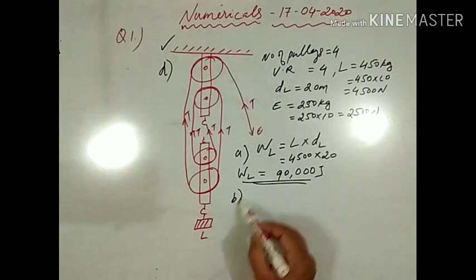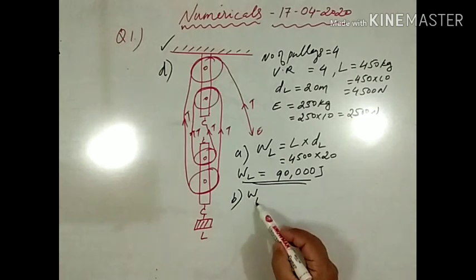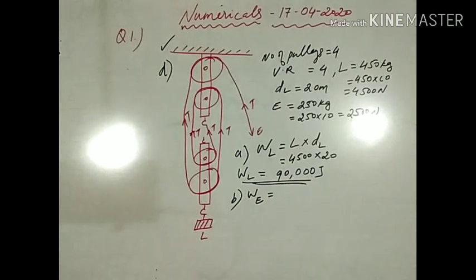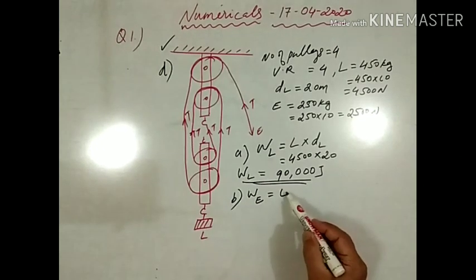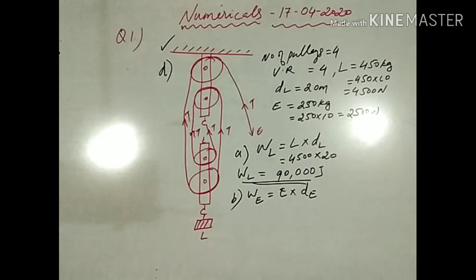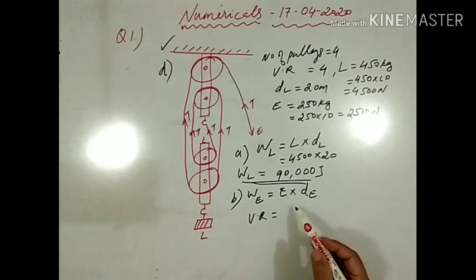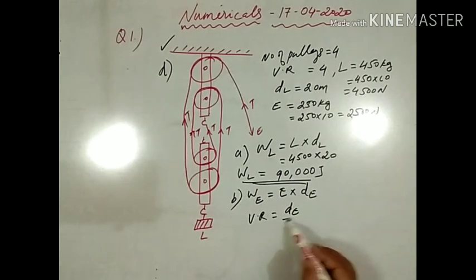Now the second part, B part, work done by the effort, WE. You know the formula, effort into displacement of effort. The effort is given there, but displacement of effort is not given. How to calculate displacement of the effort? We know that velocity ratio is equal to distance of effort to the distance of load.